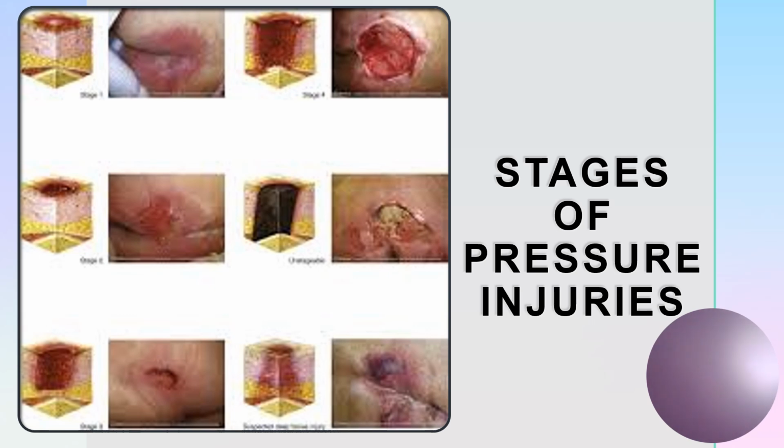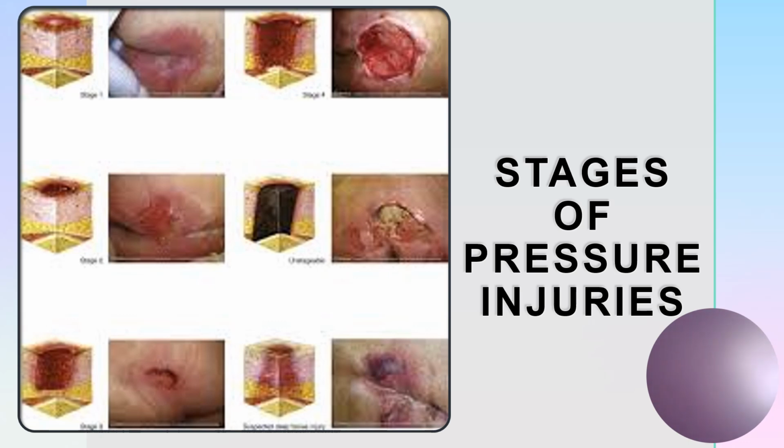In other words, we cannot completely identify what the wound bed tissue is. And if we were to remove that slough or eschar, we know that it's going to be at least a stage 3 wound.